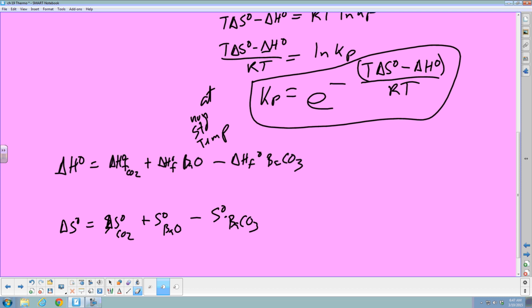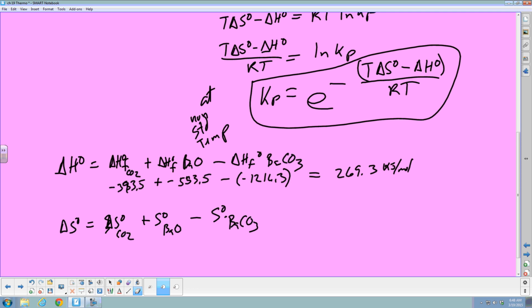Carbon dioxide is a negative 393.5, barium oxide is a negative 553.5, and barium carbonate is a negative 1216.3. When I add all those together, I get 269.3 kilojoules per mole. Good.